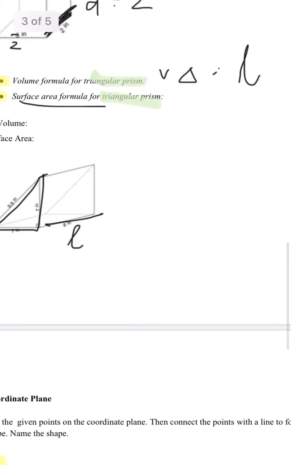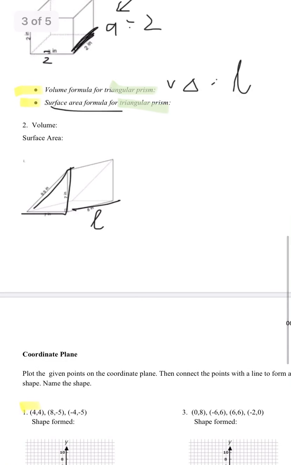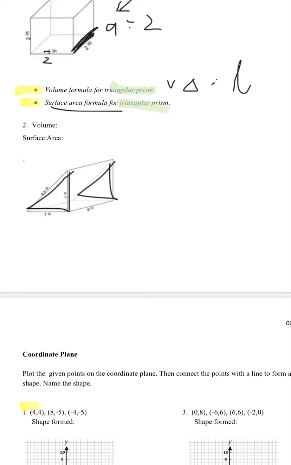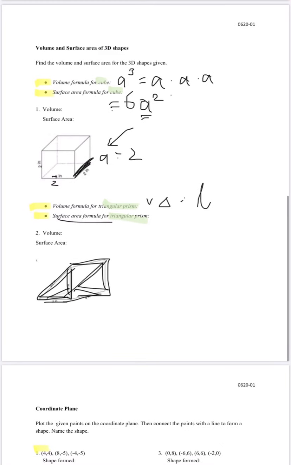And then the surface area formula is just, you just gotta figure out the area of the two triangles, right? And then this rectangle over here, right? And then this rectangle over here, and then this side, the base, right? And then you would just have to calculate it separately, and then add it all together, and then you'll get the surface area, okay? So go ahead and give it a try.